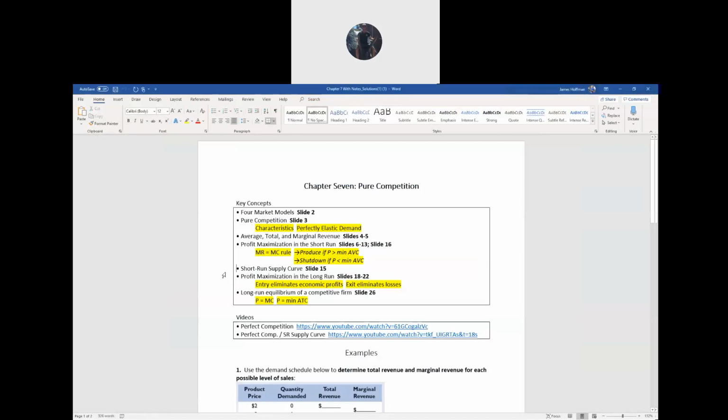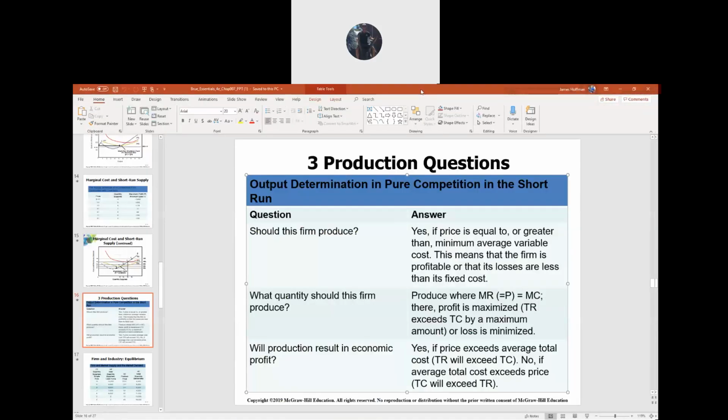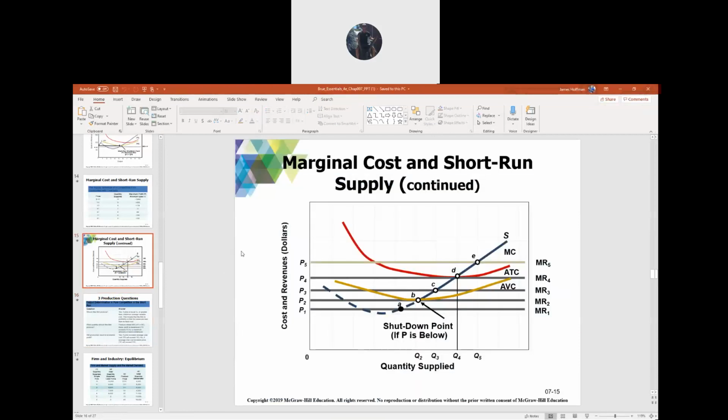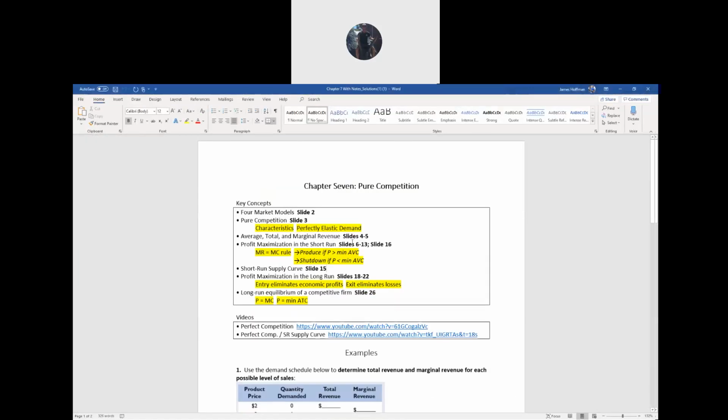Okay, let's look at the short run supply curve, slide 15. We just went through a bunch of examples, and remember the turning point or the cutoff point is the key.